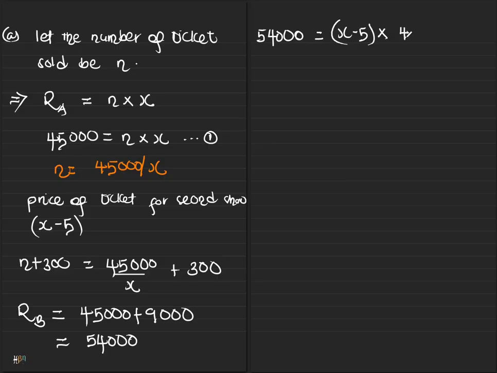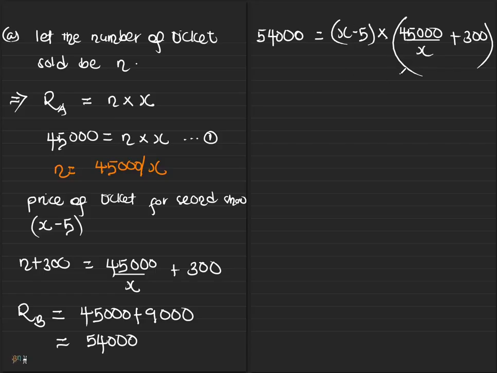So we have 45,000 over x plus 300. Take note, it is multiplication, and hence we need our brackets so that we don't get confused. How do we evaluate this to solve for x?